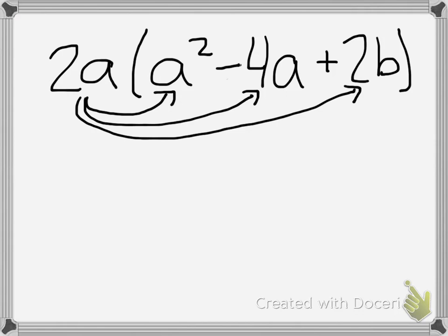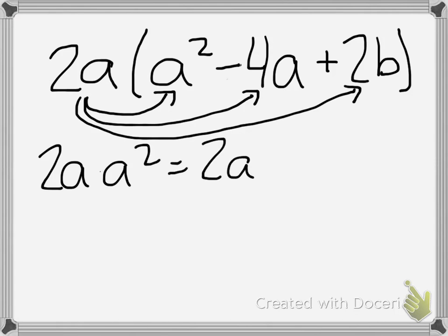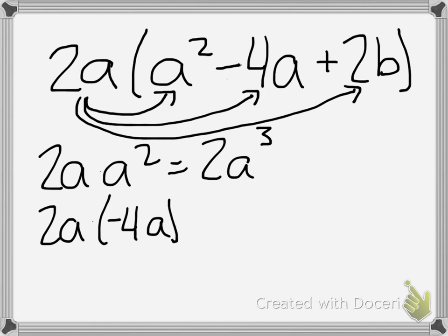2a times a squared, that's just 2a cubed. 2a times minus 4a, that's negative 4 times 2 times a times a. Remember, we can always reorder the order in which we're multiplying things, so long as all we're doing is multiplying.